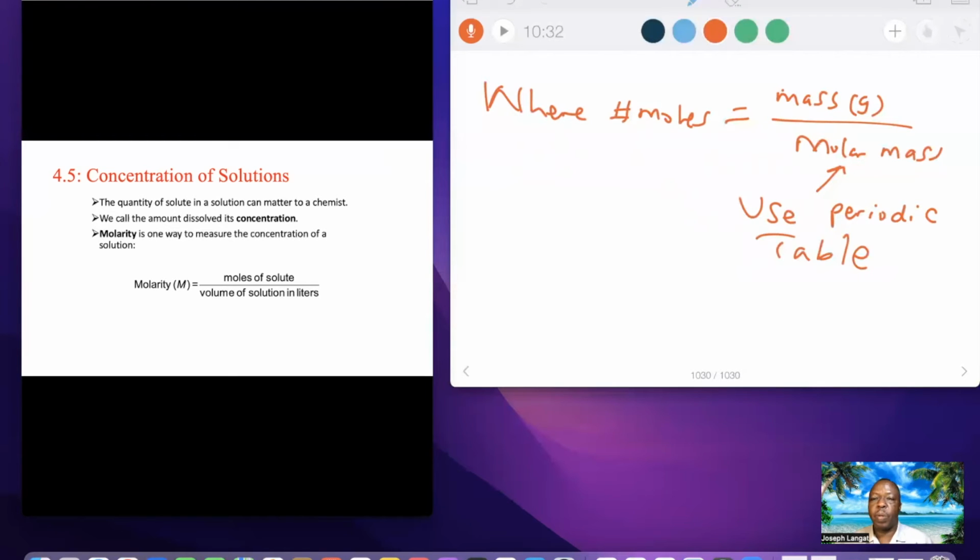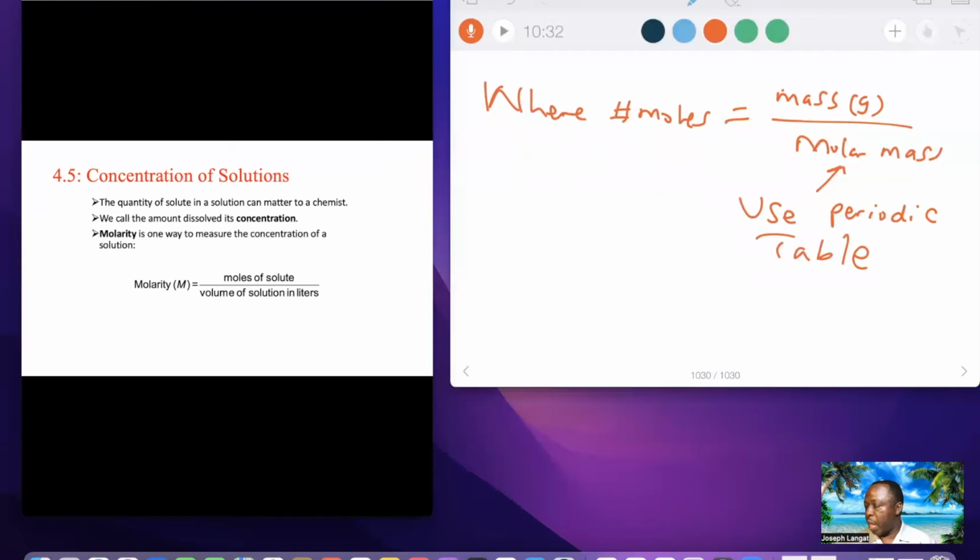Use the periodic table to get the molar mass of that compound, so that you have the numerator, the top part, over volume in liters of solution.